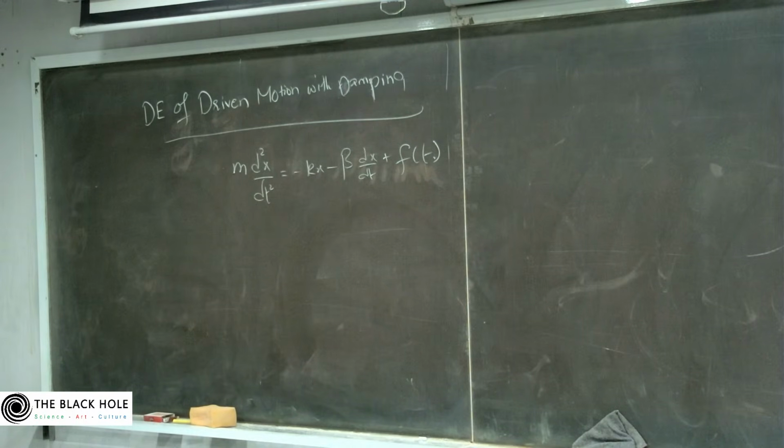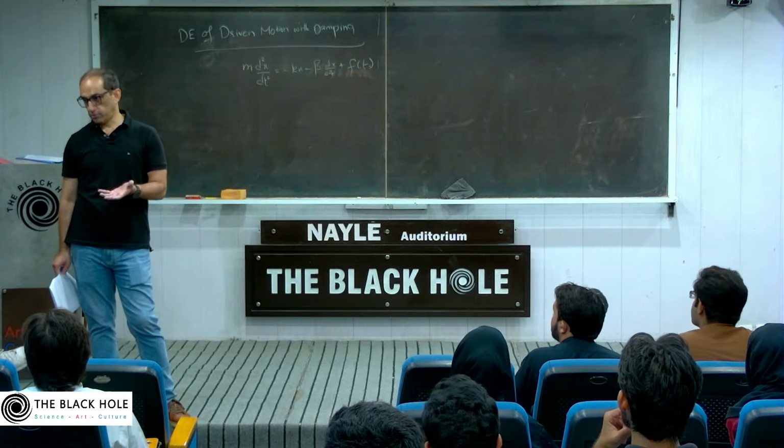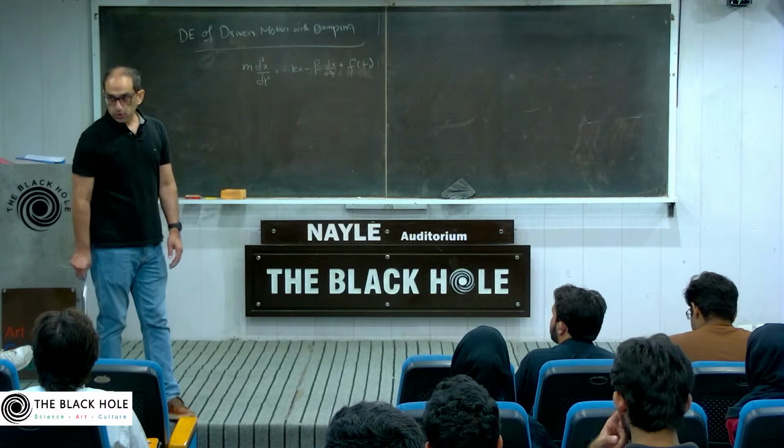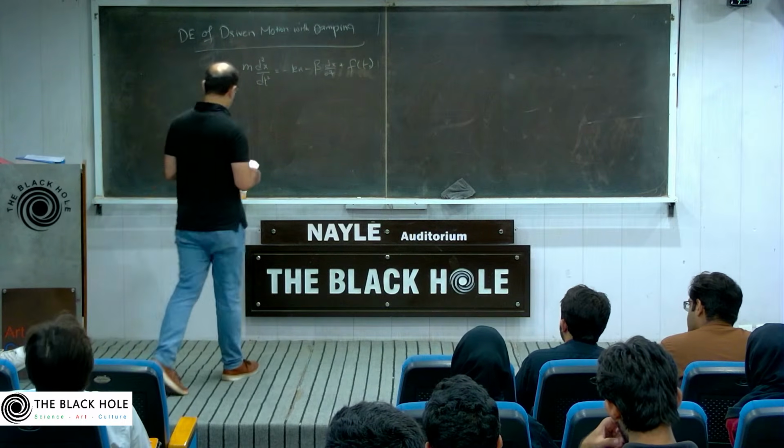So what are the different cases that you have come across in the study of simple harmonic motion or mass spring systems? So you have a natural oscillation, then you have a damping, and then you have some forced motion, right? Some force that you apply.